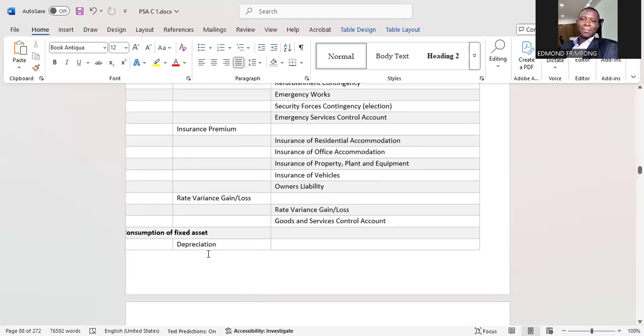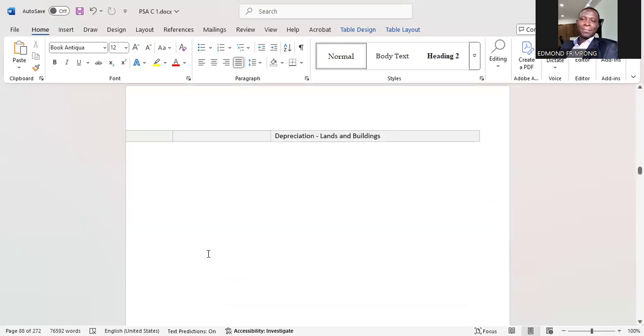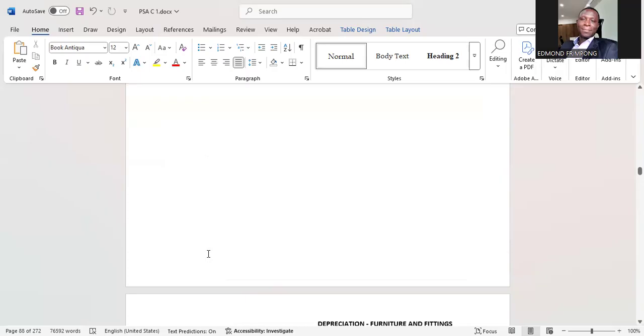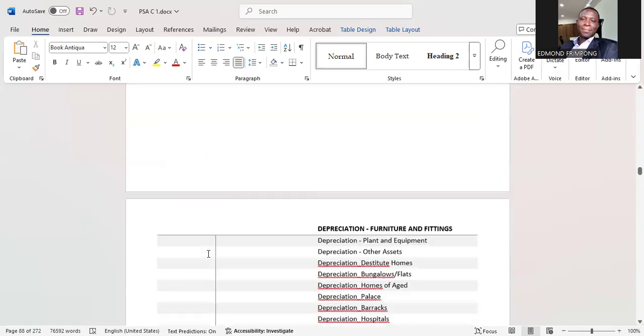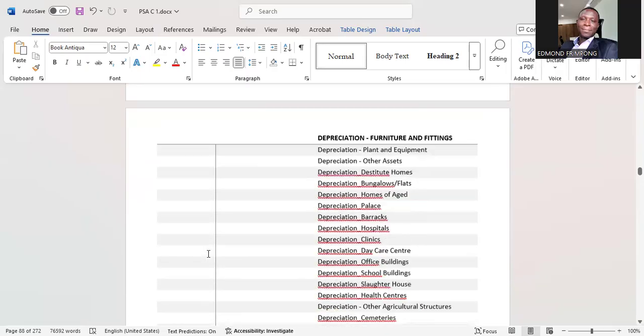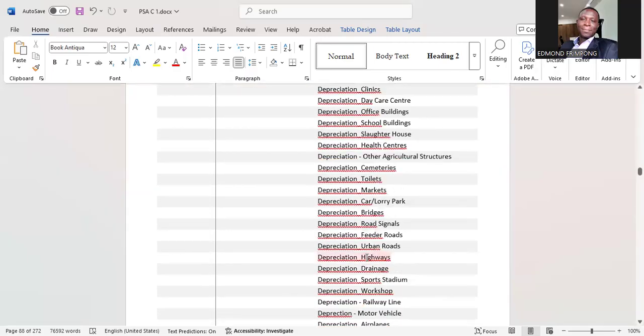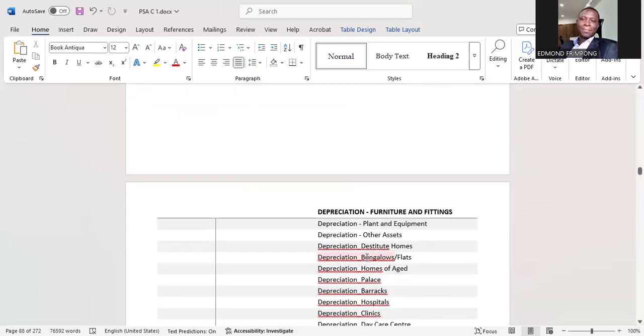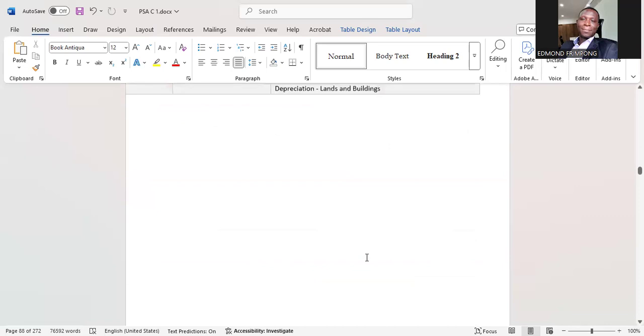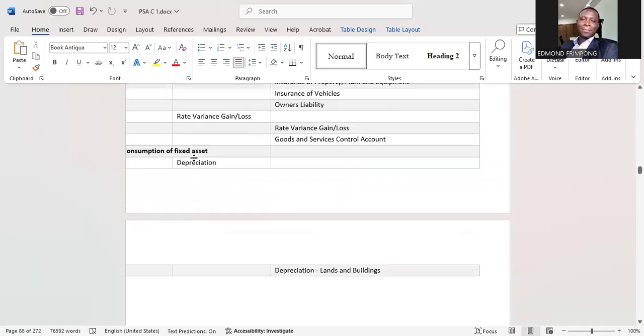So consumption of fixed assets means any form of depreciation of public assets. We have a lot of them: depreciation of furniture and fittings, barracks, palace, bungalows, office buildings, school buildings, slaughterhouses. In fact, any form of depreciation is considered as consumption of fixed assets.